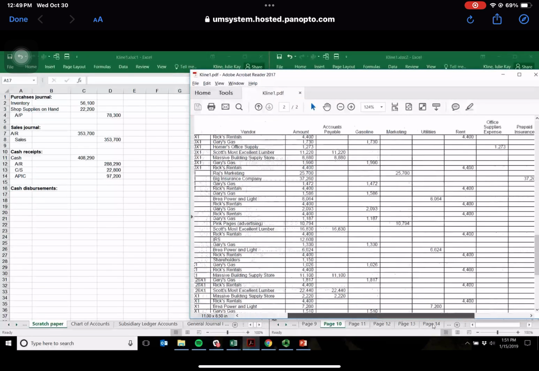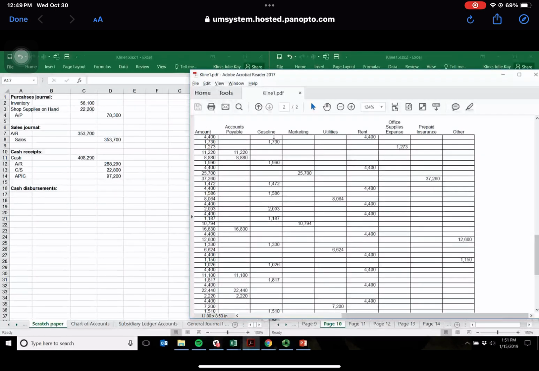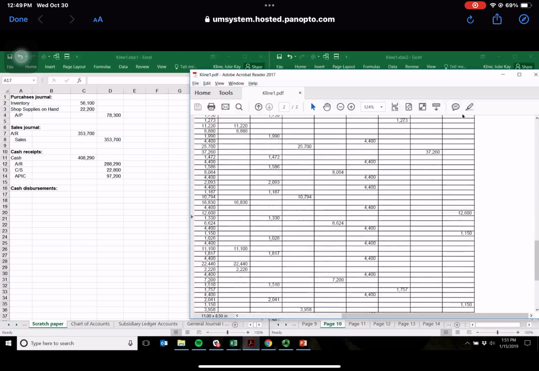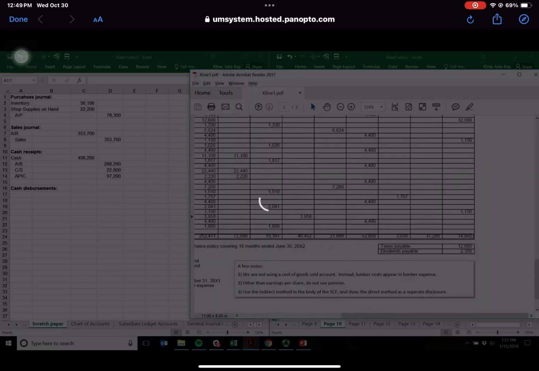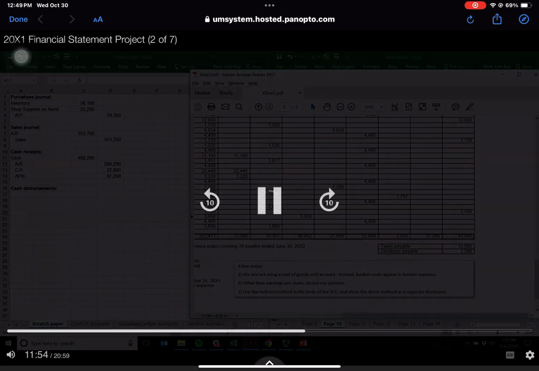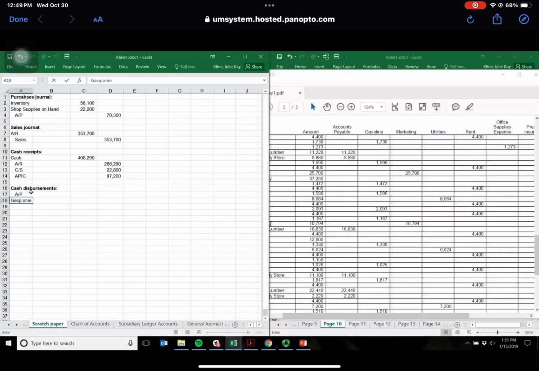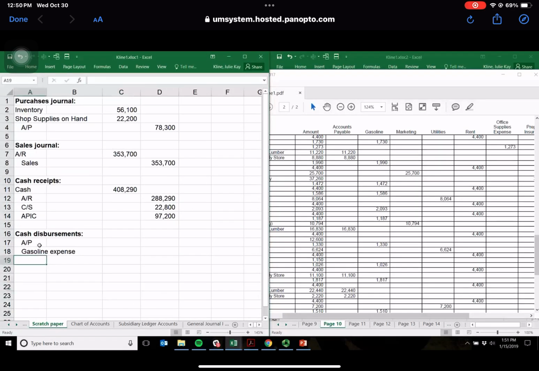So we have accounts payable, gasoline, marketing. These are expenses: gas expense, marketing expense, utilities expense, rent expense, office supplies expense, prepaid insurance. So we paid an asset, prepaid insurance. And we have other. Now that other is defined down gasoline expense, these are all debits.